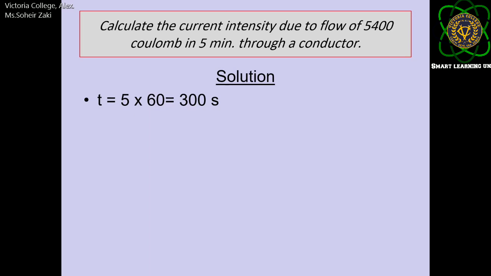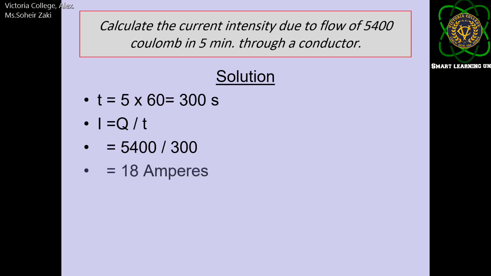So we have 300 seconds as the time. Then we will write our rule, I equals Q divided by T, 5,400 divided by 300, and the result will be 18 amperes. And don't forget to write the unit for the measurable parameter or the measurable property that you are calculating.